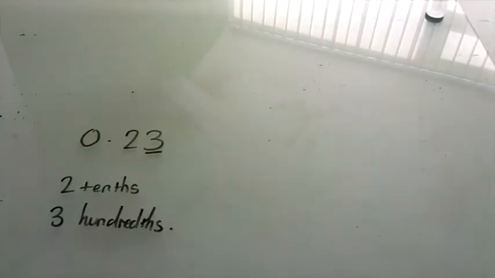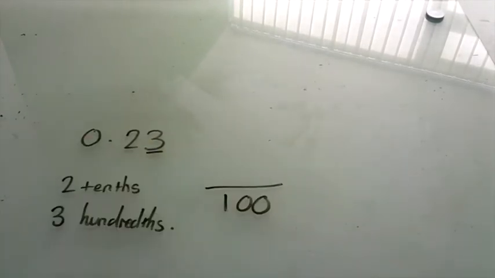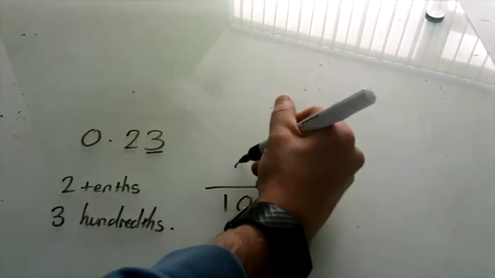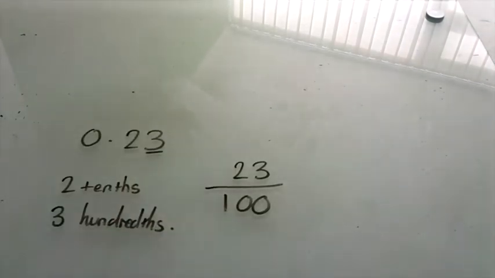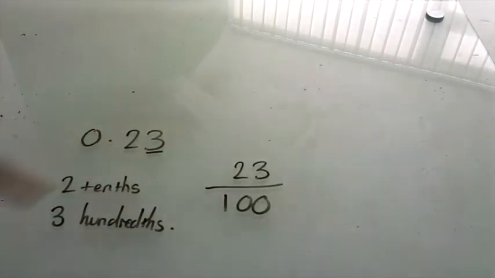So we've got a 3 in the hundredths column. So that tells us on the bottom of our fraction we need 100, because we've got a value in the hundredths column. And then we take this value and we write it on top. So to convert 0.23 into a fraction, it would be 23 over 100.